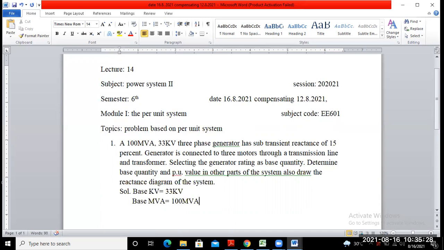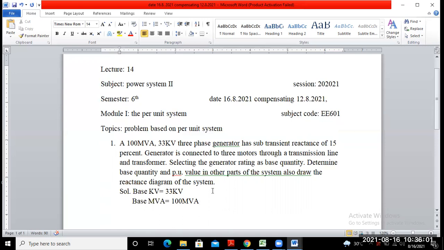Now the new base kilovolt for the line. The transformer rating is given to you after the installation of this generator: 110 to 32.